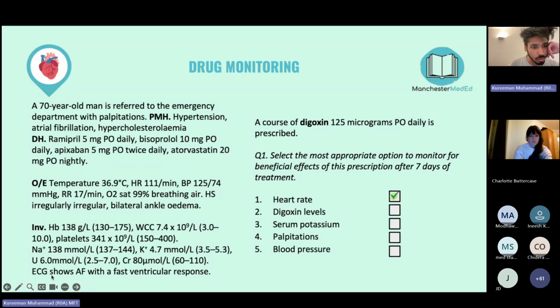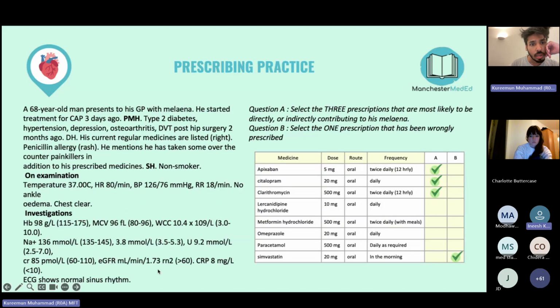Yes, the past medical history includes type 2 diabetes, so surely the incorrect prescription should be the lacidipine, because he's type 2 diabetic? The age is 68 years old.